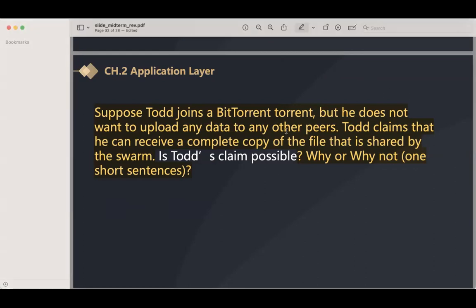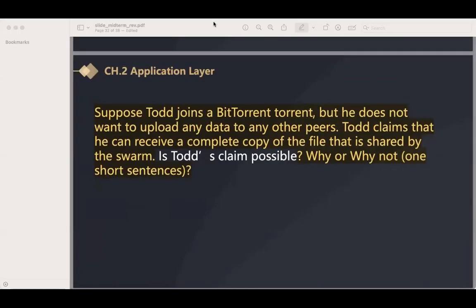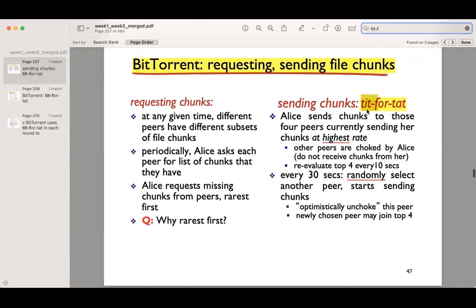Just give me an answer. Or have no idea? If we have no idea, then we need to go back to the slides. So we will have a look at tit for tat first, then we answer the question.